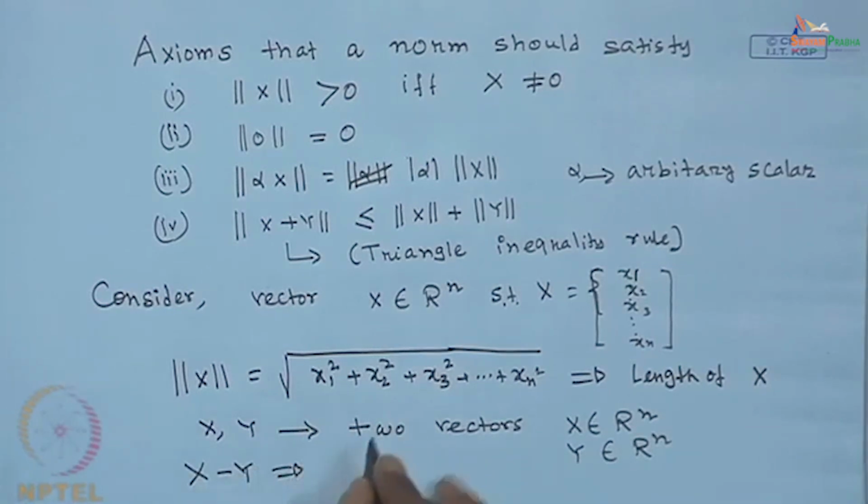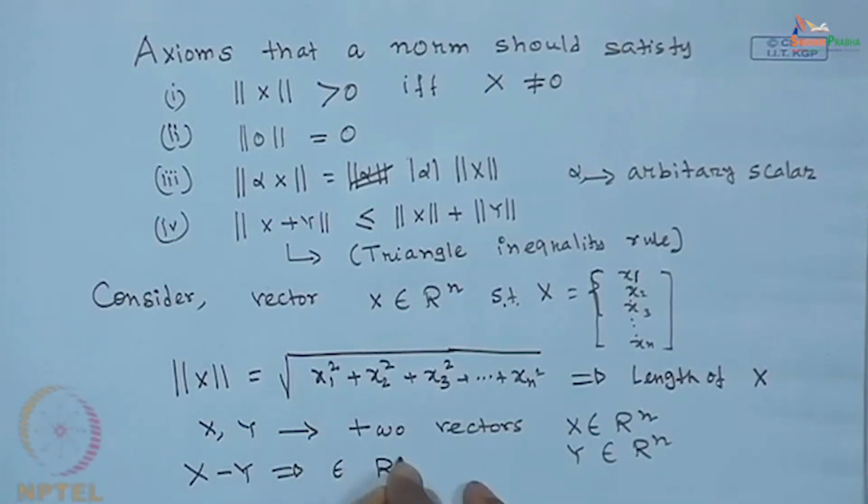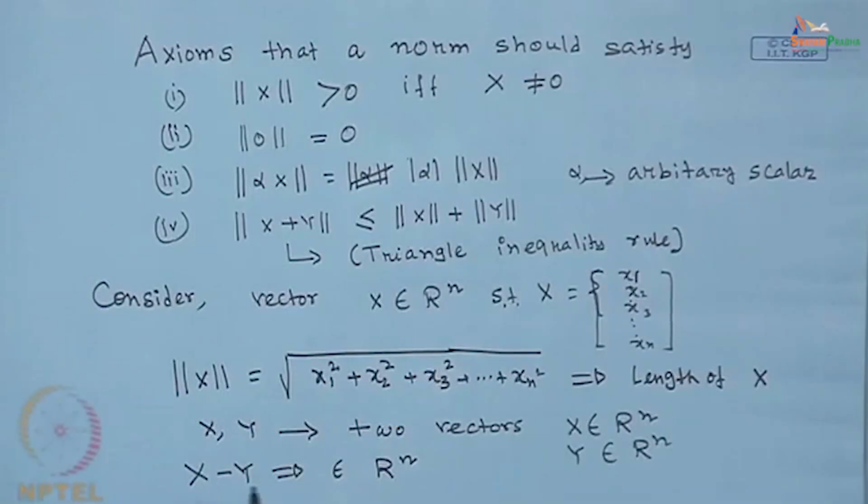Therefore, x minus y is a vector that belongs to n dimensional real space as well. What is x minus y? It is a vector in n dimensional space, where every element will be x 1 minus y 1, x 2 minus y 2, like that, up to x n minus y n.